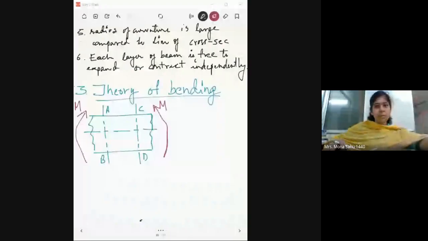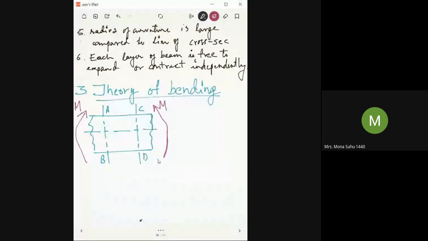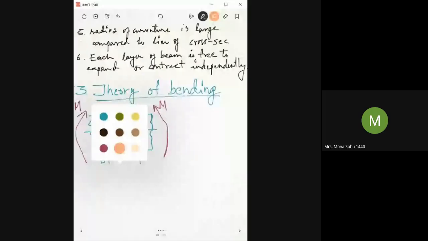So you have the beam which is bending. If you see this, the bending moment is in this direction. This is the axis of the beam, and I'm going to term it as NN.